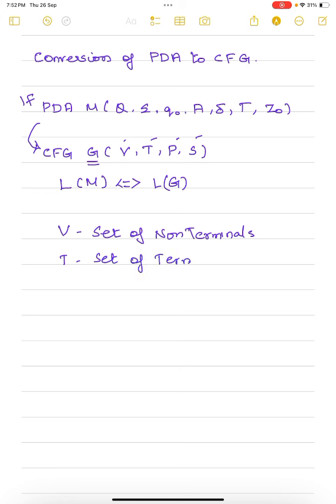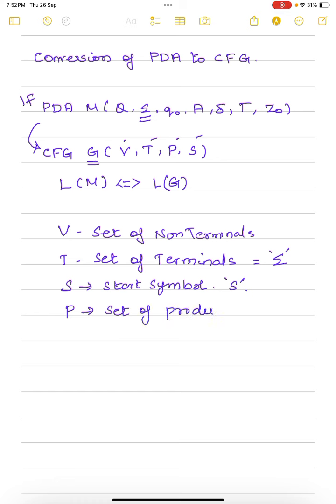This set of terminals for this context-free grammar will always be equal to the input symbols of push-down automata. And S is the start symbol. Usually, we will use a special symbol S, which will be the start symbol for this context-free grammar. And P is the set of productions.